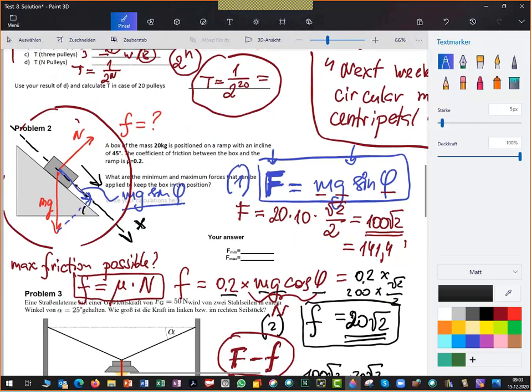And that's why in the first case we needed to add it to our pure force, and in the second case we needed to subtract it from our pure force. And that's why in our answer we need to deal with two values, with a range of values, with a minimal value and with a maximal value.